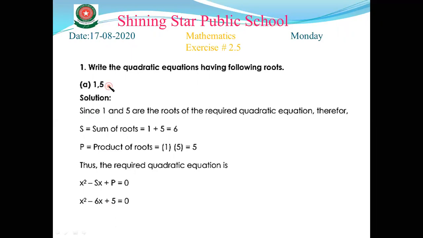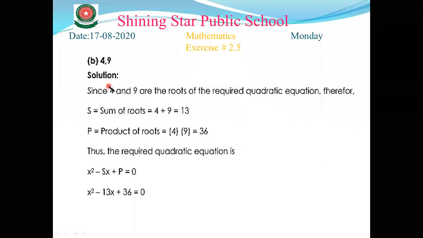Okay, now let's move to the next part. In part B, the roots are 4 and 9. Since 4 and 9 are roots of the required quadratic equation, the sum of the roots is 4 plus 9 is 13, and the product of the roots is 4 multiplied by 9 is 36.